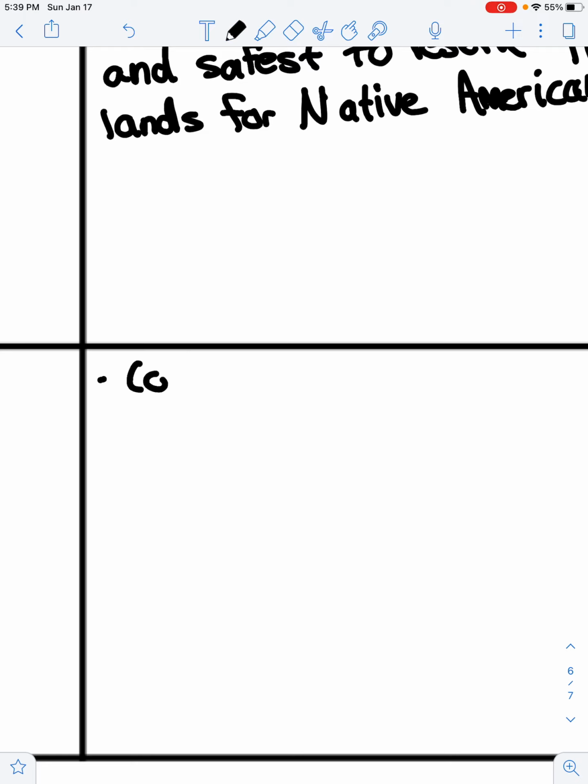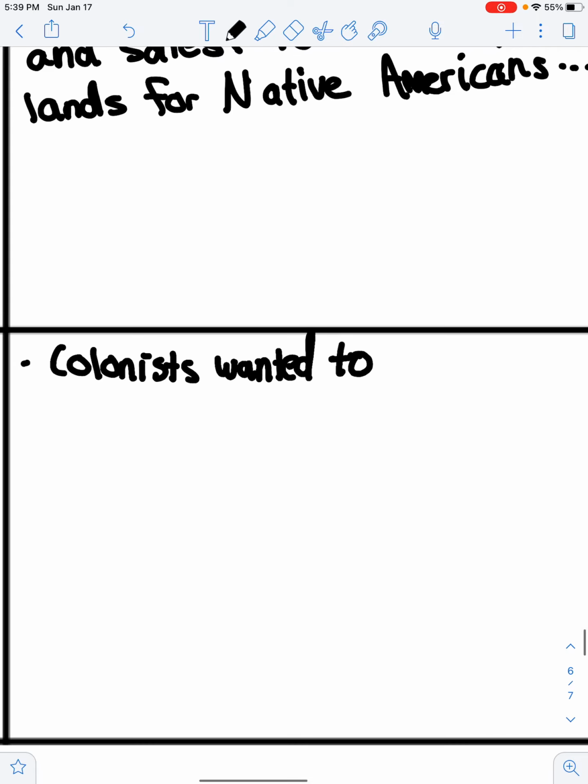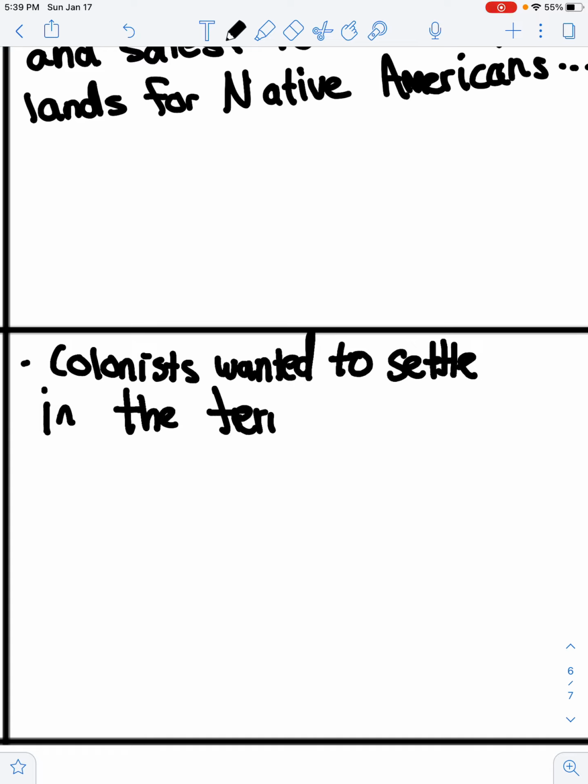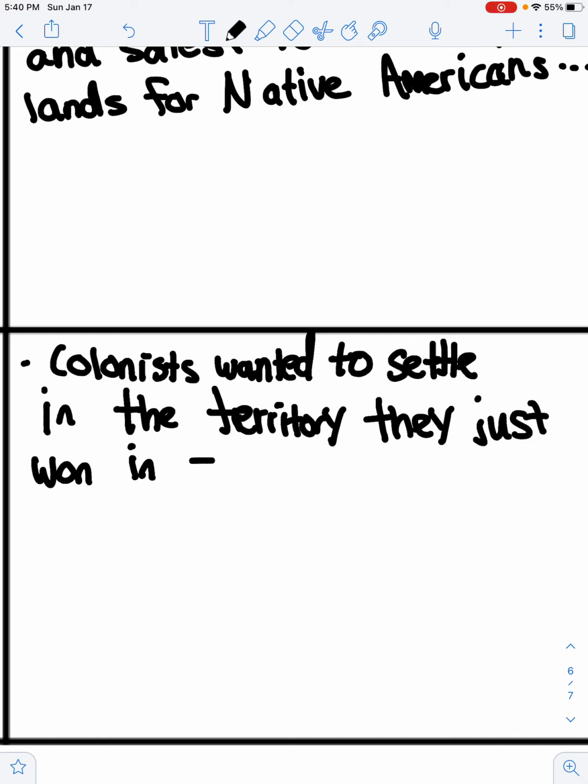So, colonists wanted to settle in the territory they just won in the French and Indian War.